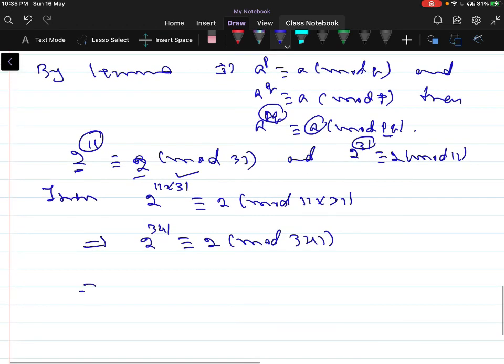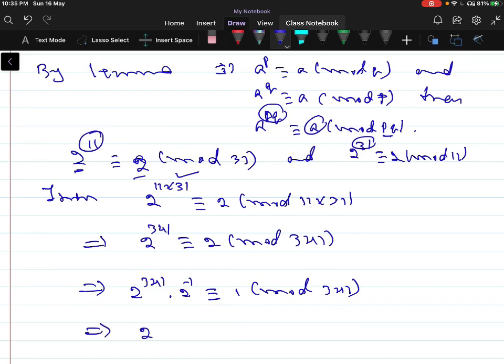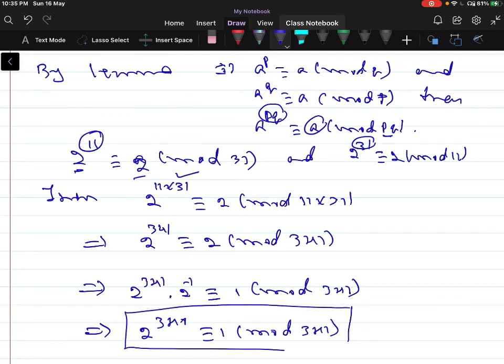So this implies 2 power 341 into 2 power minus 1 is congruent to 1 modulo 341. So this implies 2 power 340 is congruent to 1 modulo 341. So the result is proved.